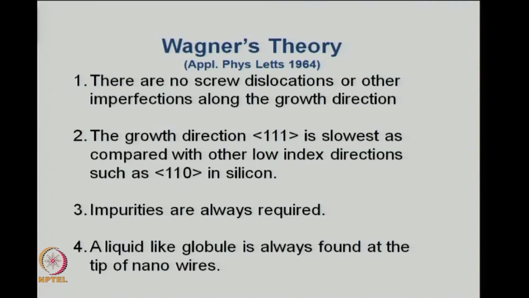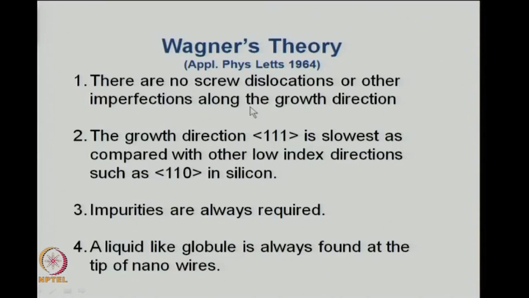In Wagner's theory, the key points are that no screw dislocations or any imperfection is required. Normally, when crystals grow, they tend to grow from the substrate where there are some defects. These defects are normally what are called screw dislocations.